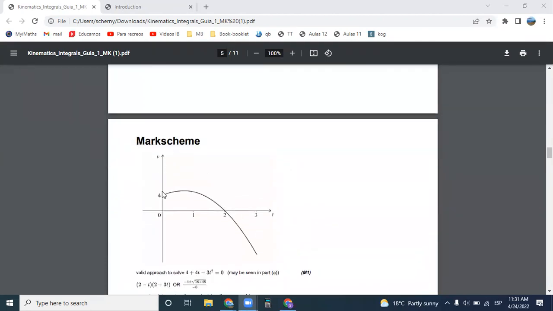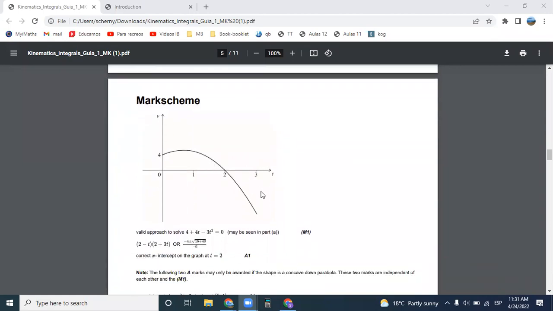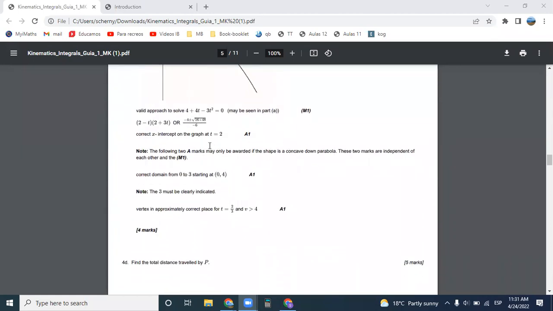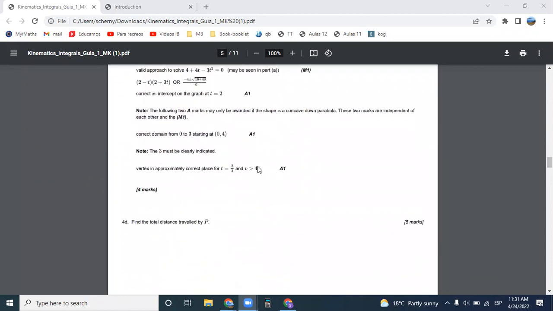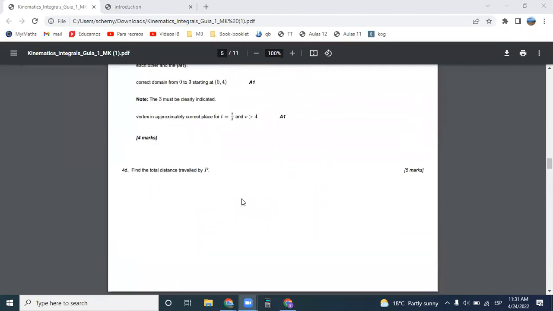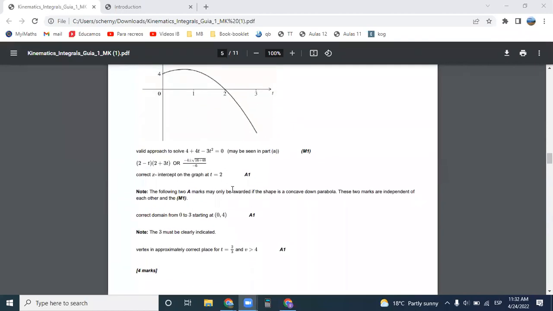Now, okay, well, we have here the answer, actually, right? So the root is at t equals 2 and so on. Okay, great. So here actually you can see what gives you the marks, right? So correct x-intercept, which is the root, is 1 point.